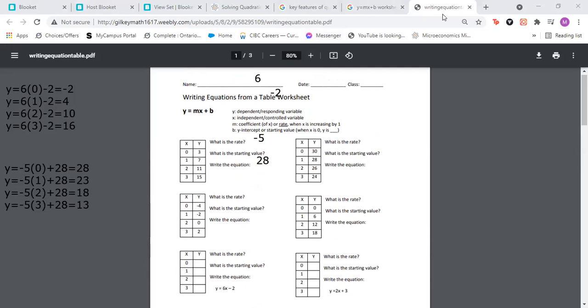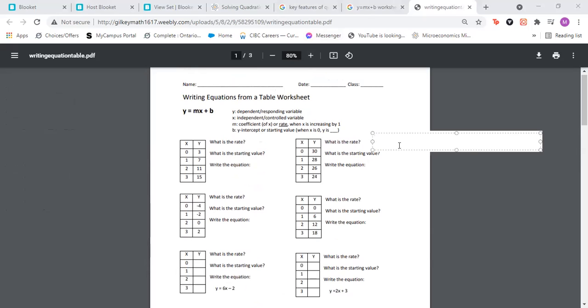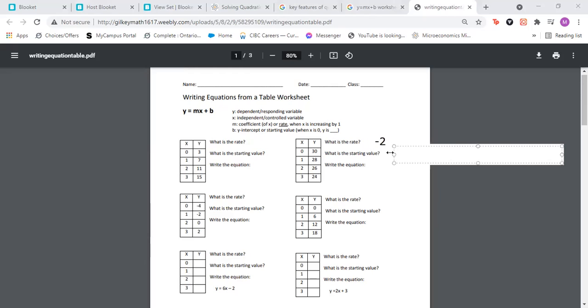So we'll go back to the original. How did you find the rate for this one? Which one? The one top right or left? Top right. Okay. Rate of change will be subtract 2 each time. Right. Then what's the y-intercept? 30.